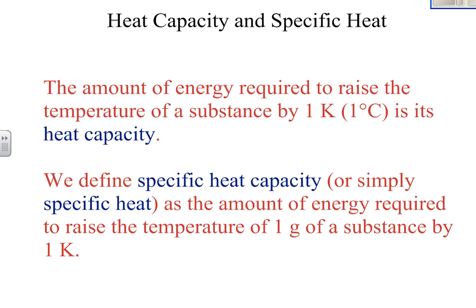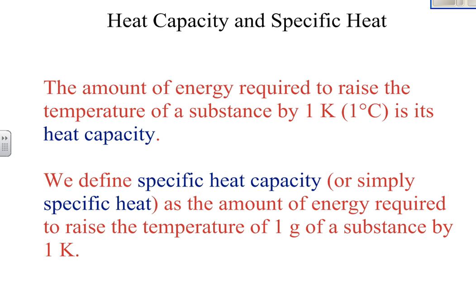One of the key ideas to understanding the measurement of heat exchange through calorimetry is the idea of specific heat and heat capacity. First of all, heat capacity is the amount of energy required to raise the temperature of a substance by 1 degree Kelvin or 1 degree Celsius. Their difference in scale is equivalent.